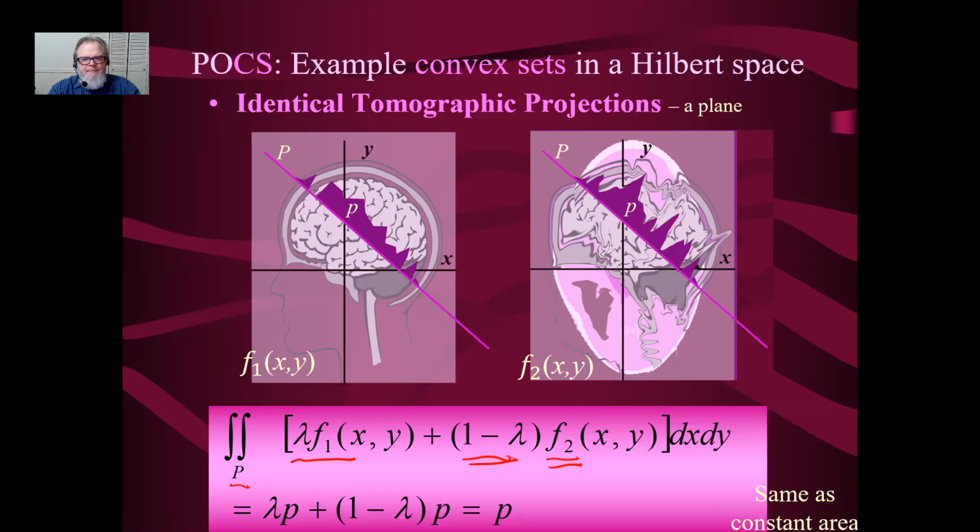So just like the constant area case, the set of all signals that satisfy this property forms a plane. I think it's very interesting that in most of these cases, we can literally determine the shape of the convex set. For example, the finite energy set was a ball. The set of constant area was a simplex, right?